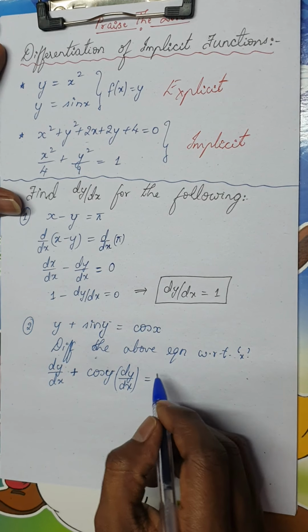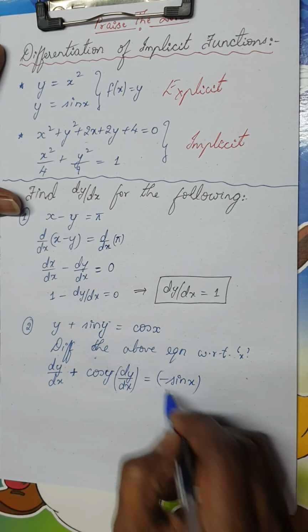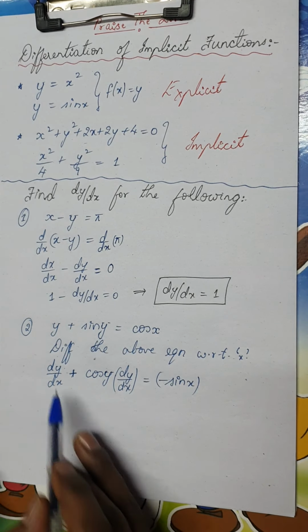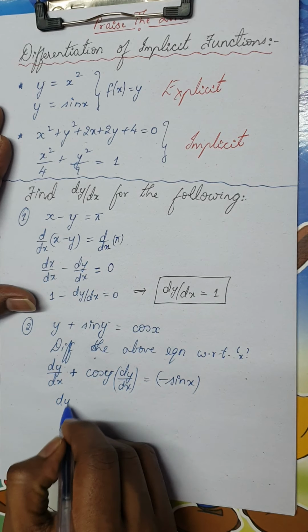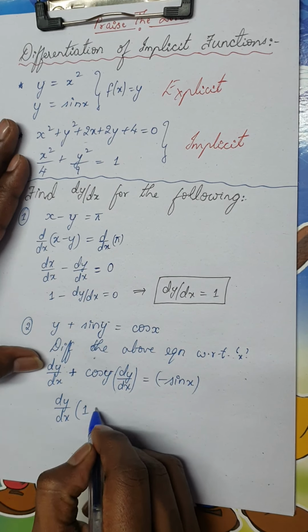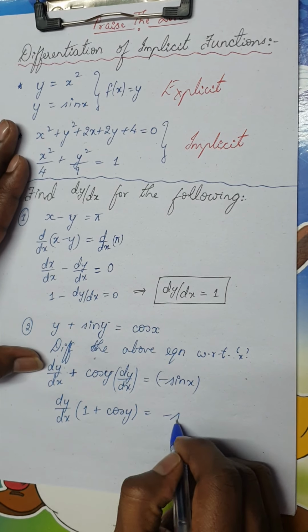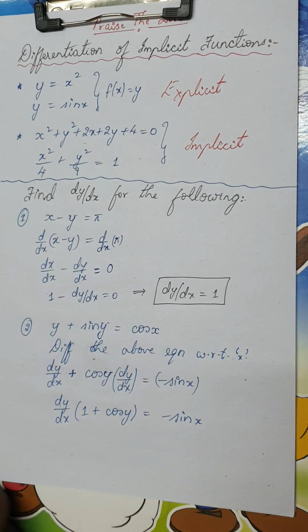Remember, if it is in terms of y, we should always multiply with dy by dx. Now what is the derivative of cos? We know the derivative of cos is minus sin. In both the terms I have dy by dx common. So if I take it common, I'll get 1 plus cos y, and this is nothing but minus sin x.